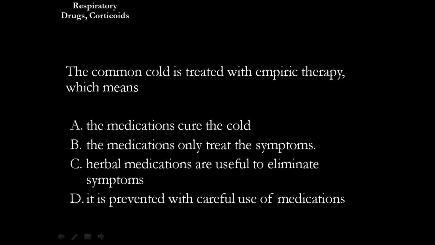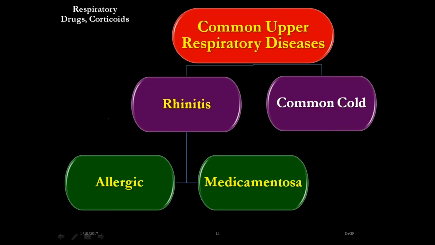The common cold is treated with empiric therapy, which means the medications only treat symptoms. That is what empiric therapy means. In the upper respiratory disease, we are going to see very briefly rhinitis. Rhino means nose, inflammation of the nasopharynx.